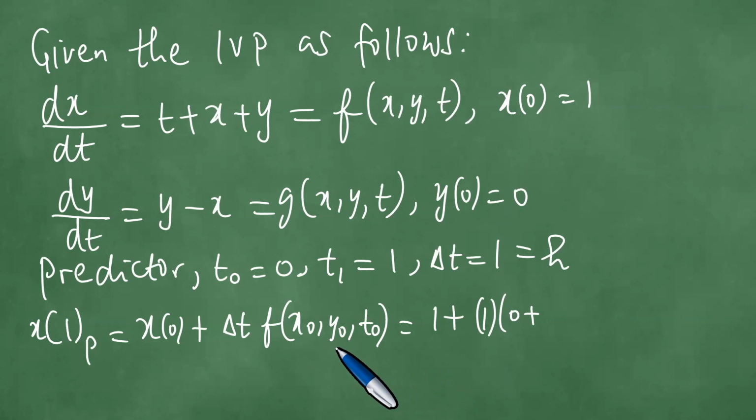So y0 here is exactly 1, but x0 is exactly that. Okay. Where am I?